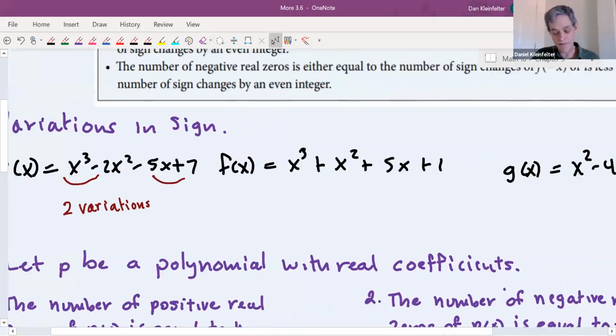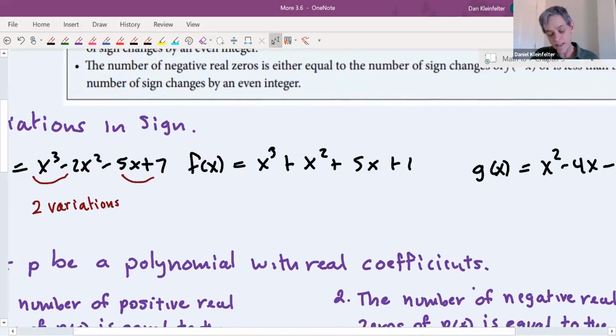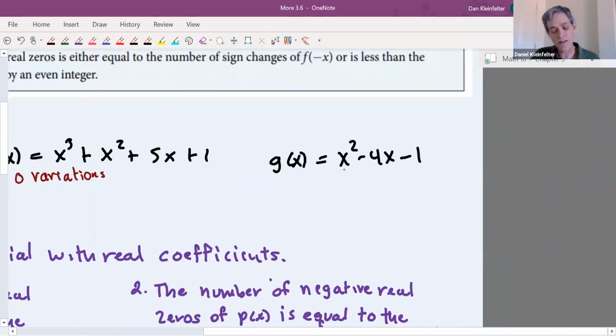Okay, let's try that again. For f(x) here, it's positive 1, positive 1, positive 5, and then positive 1. There are no variations in sign. For g(x), it starts off as 1x squared, so it switches then to negative 4.